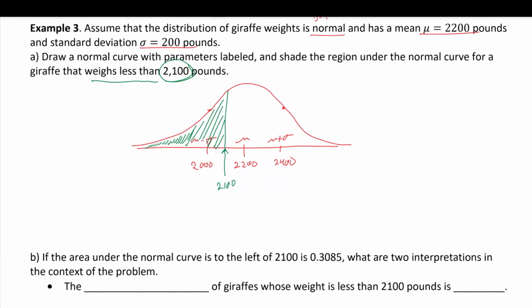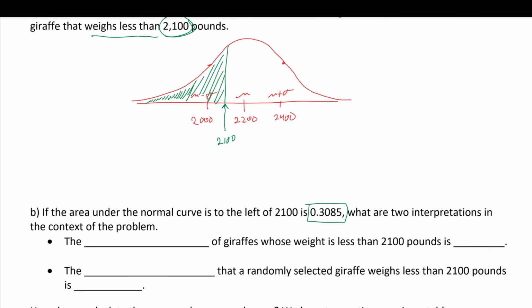If the area underneath the normal curve to the left of 2,100 is 0.3085, so they're saying that that's about 30%, what are two interpretations in the context of the problem? Again, we did say that the interpretations of these types of shaded areas can either be a percentage or a probability.